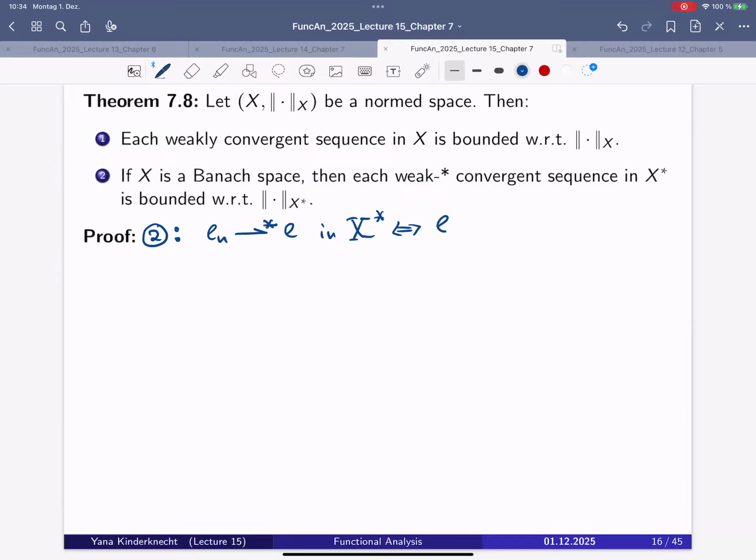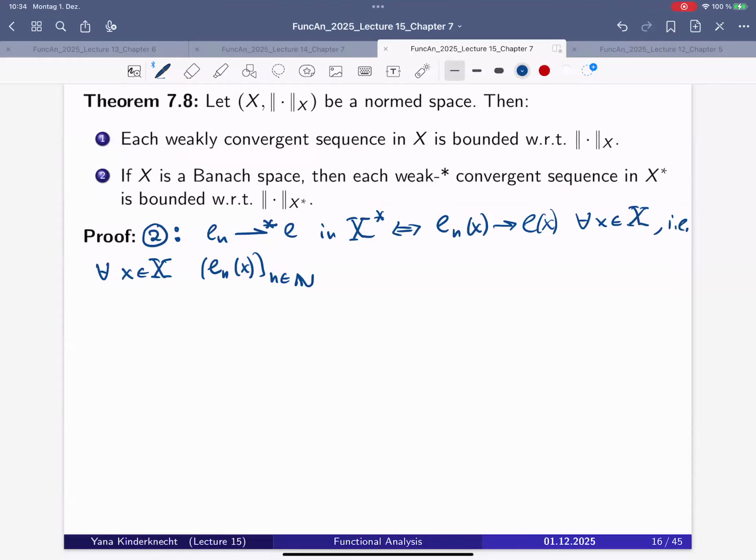This means, by our previous discussions, that the linear functionals converge pointwise in X. But what does it mean? This means that for any fixed x, this sequence L_n of x, yes, I understand that my L looks very similar to E, but now in this proof we don't have E, only L.